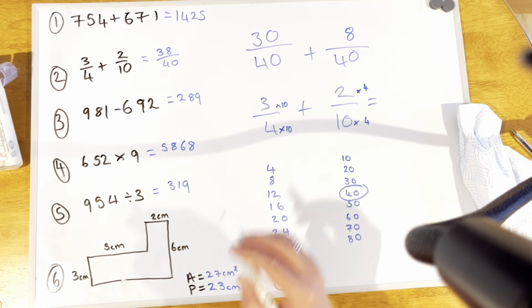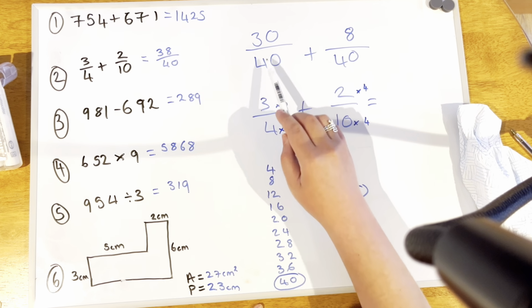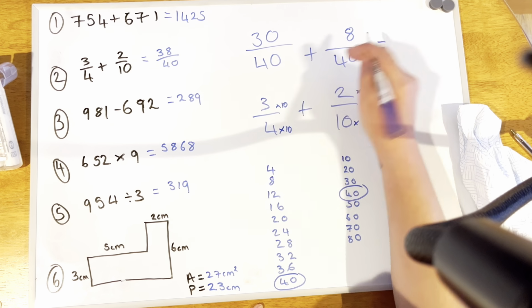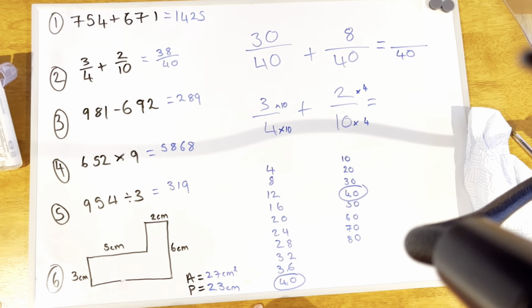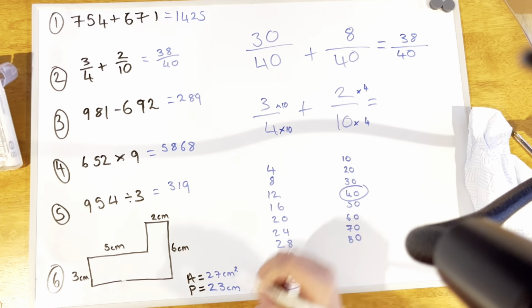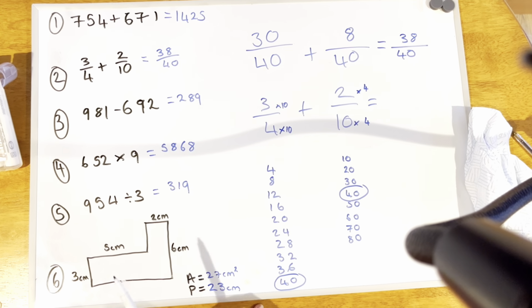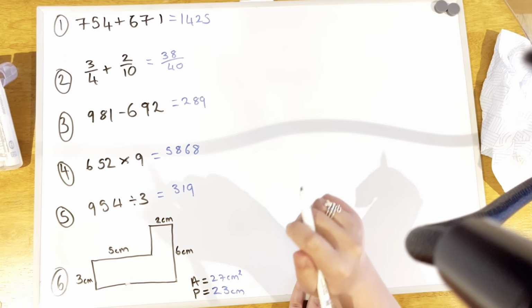So my new fraction calculation that I need to work out is 30/40 plus 8/40. So we know that when we have the same denominator, it just carries over. So 30 plus 8 is 38. So our new answer is 38/40. Amazing.